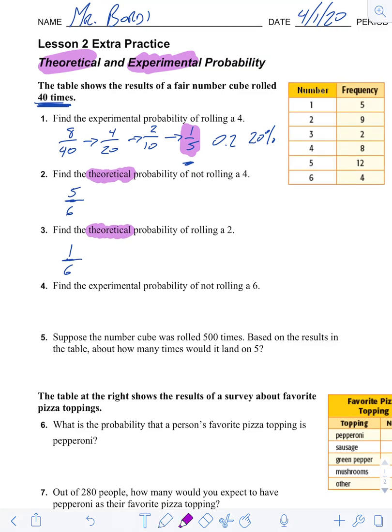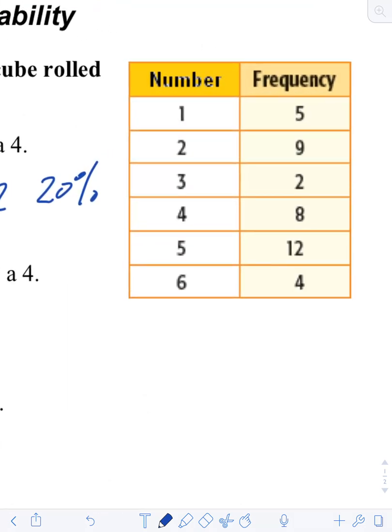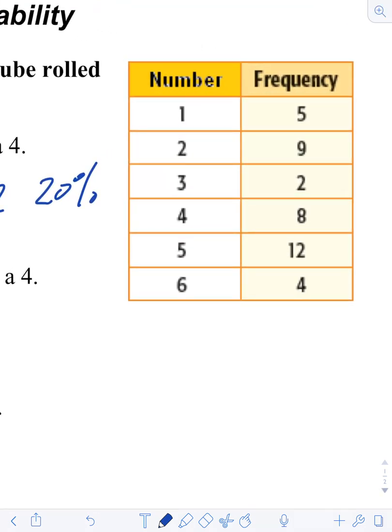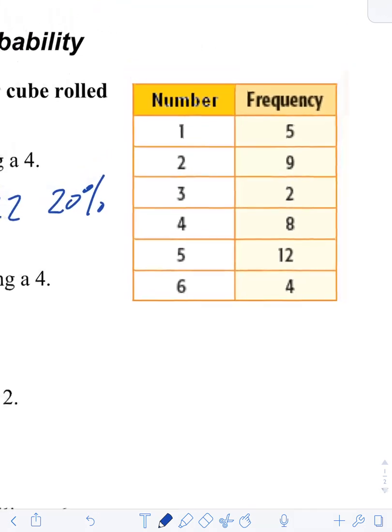Okay. Now, number 4. Find the experimental probability of not rolling a 6. Again, experiment means I go up to the top and use my denominator of 40 times. I actually performed the experiment 40 times. That's how many times I rolled the die. Now, how many of those did not give me a 6? Well, if I look at this table, I see that I rolled a 6 4 times.